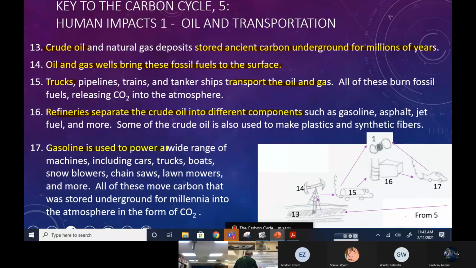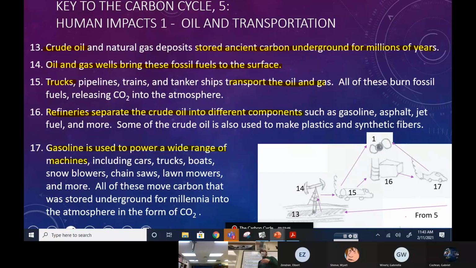Then we burn the gasoline in a huge variety of machines. Gasoline is so useful because we can easily take the engine that burns it and connect it to different kinds of machinery to do different jobs. We can use that power to turn wheels in a car, but we can also use that power to move a chainsaw or to move a snowblower.